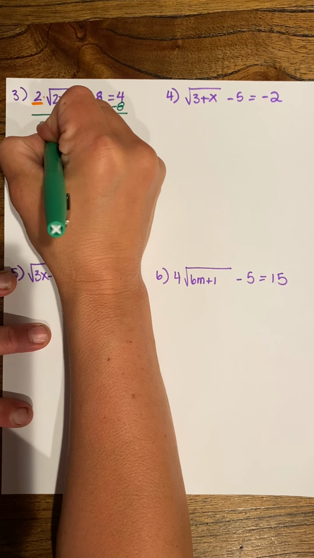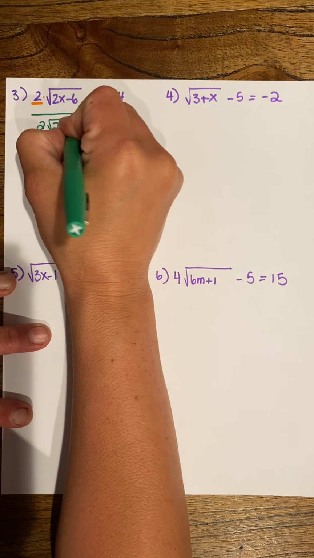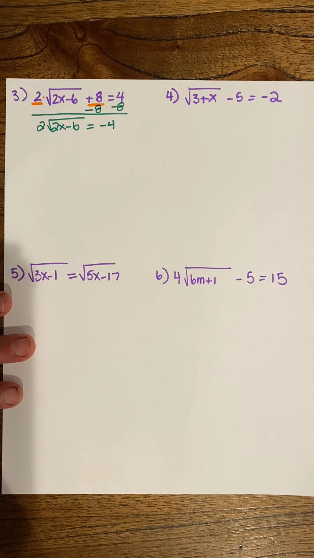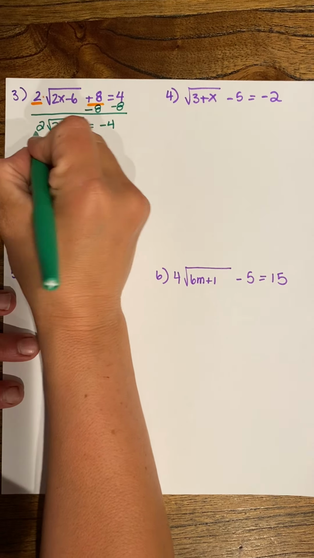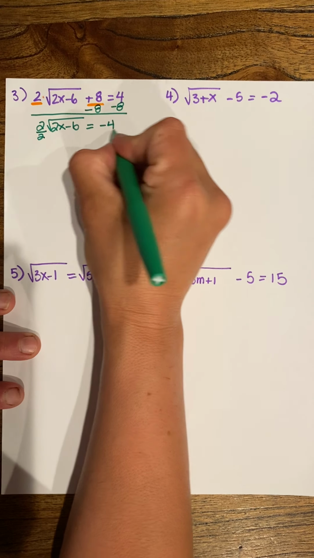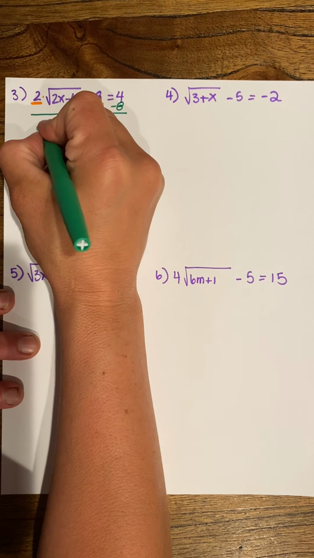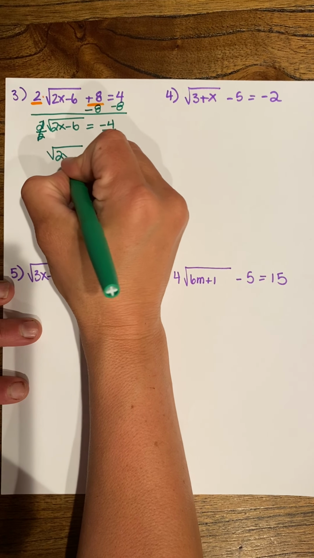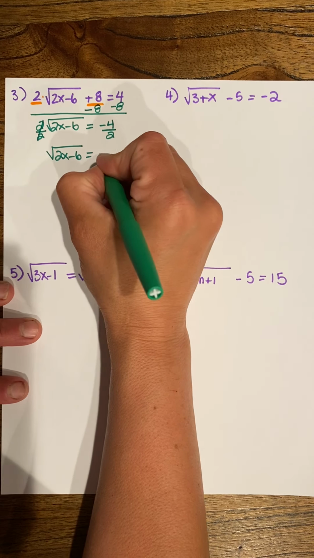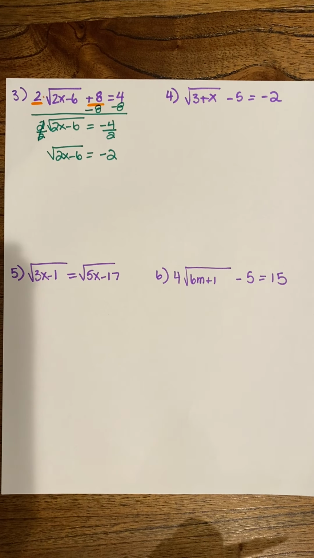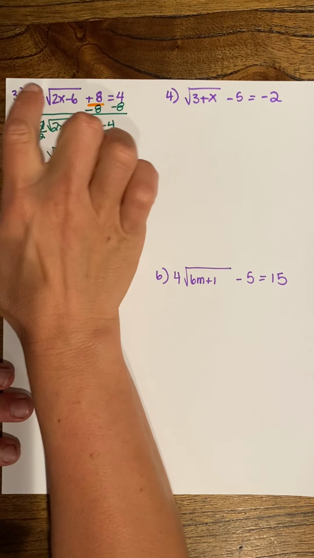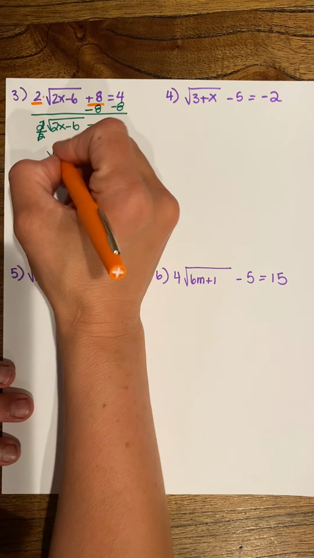So I still have this 2 in front. I have a 2 rad 2x minus 6, and I have negative 4, right? So my step 1 is still not done. I still have to divide both sides by 2 because I need to get rid of that 2, okay? So now I have rad 2x minus 6 equals negative 2, okay? So it took 2 steps to isolate the radical here, and that will happen if there's a number in front.